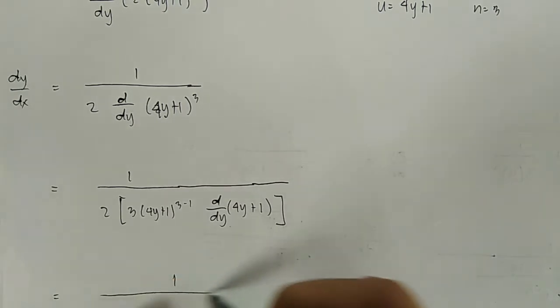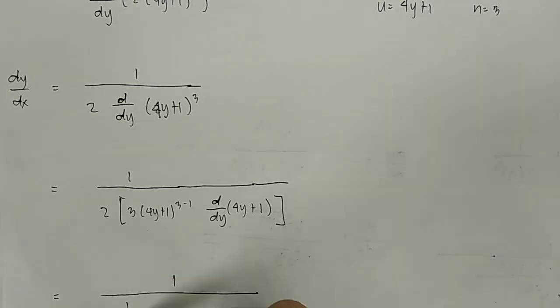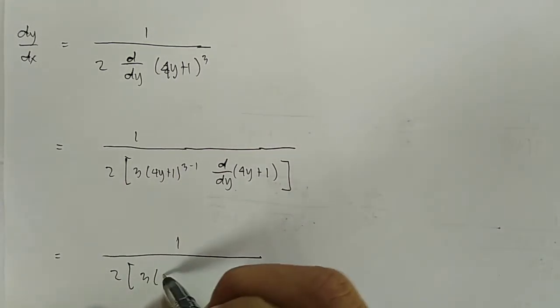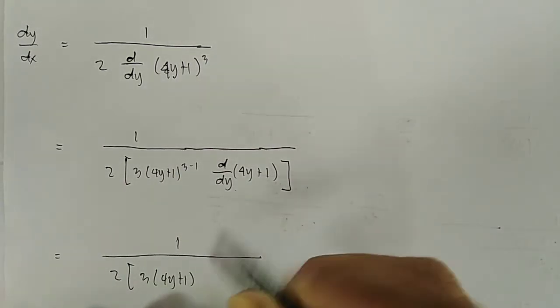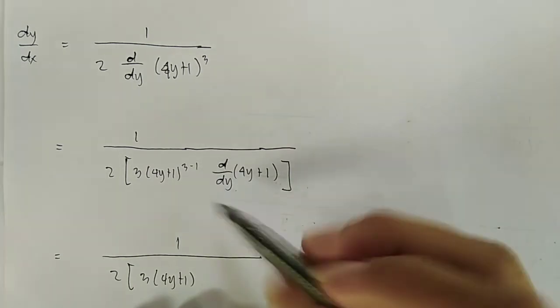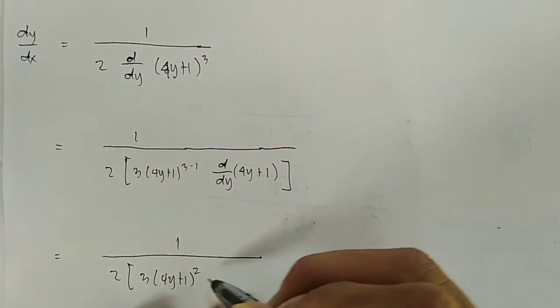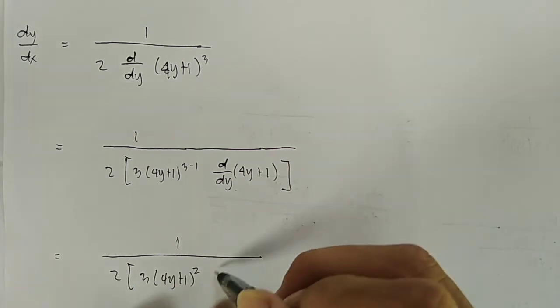So 1 all over, simplify natin, 2 times, simplify muna natin yung exponent dito, 3 times 4, the quantity 4y plus 1 to the power of 3 minus 1, so 2. Derivative of 4y plus 1 in terms of y ay magiging 4 na lang.